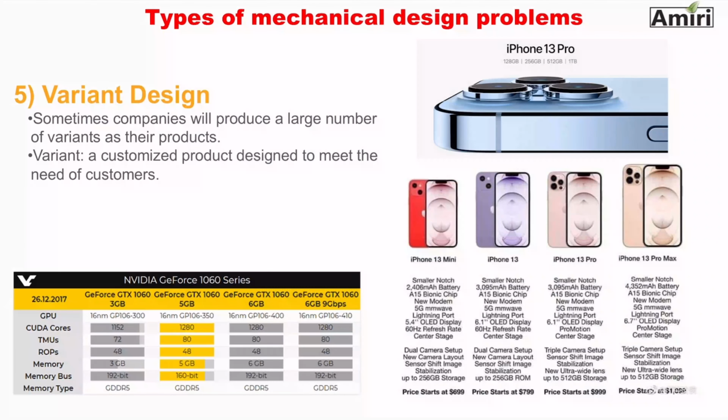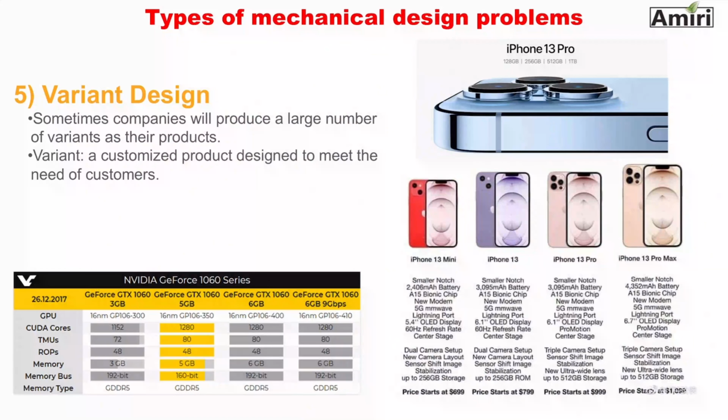Another type of mechanical design is variant design. When you have a product and you create different variations of it, an iPhone is a very good example of it, and you leave some of the decision to the customer based on their need, which product they want to choose and what product they want to buy.